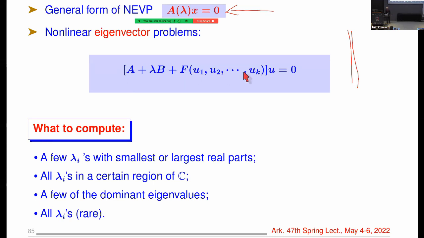These are what are called the occupied states. So this function could be a complicated function that involves the eigenvectors. To get this function here, you actually need to solve a Poisson equation. There's a lot of things that go in here. It's very complicated.